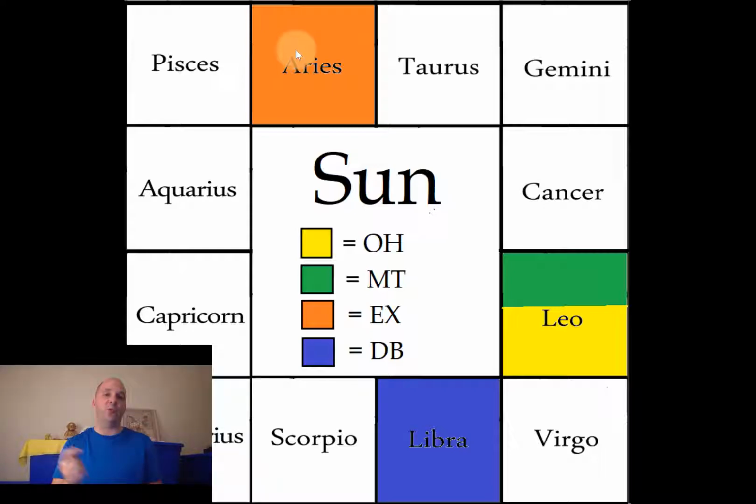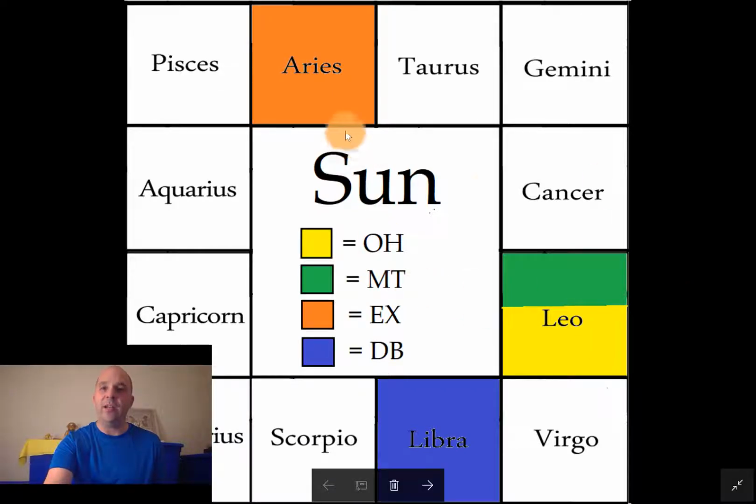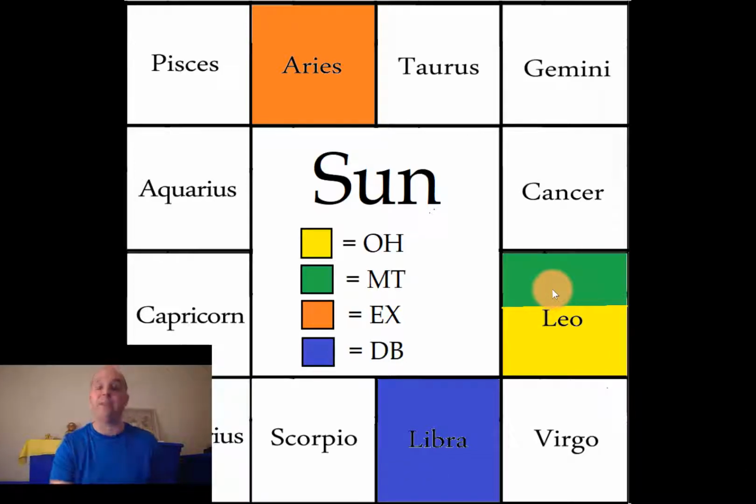When you see the rasis of Moola Trikona, exaltation, debilitation, start thinking about how these planets operate and what that can mean, and count the houses from it. It really gives you an idea of what that planet is and how that planet really wants to operate.